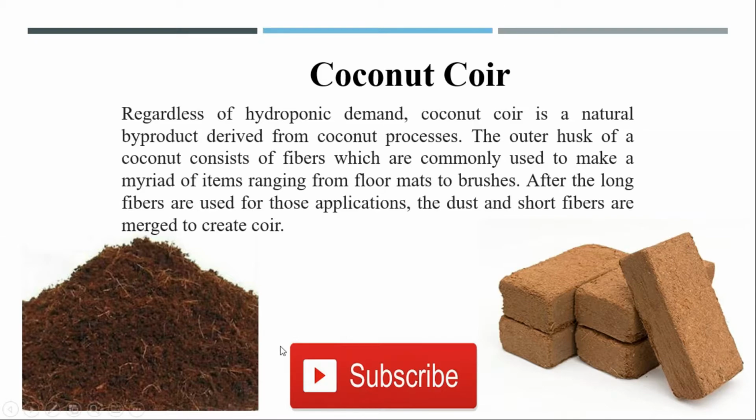This is the raw form, and we can directly use this type of coconut coir for hydroponic plants. This is the company-made stacking material. You can merge it, crush it and use it.